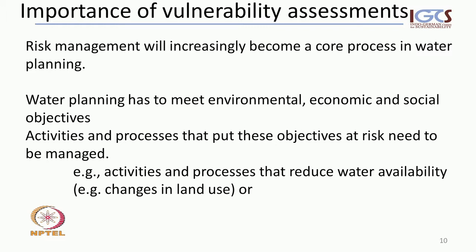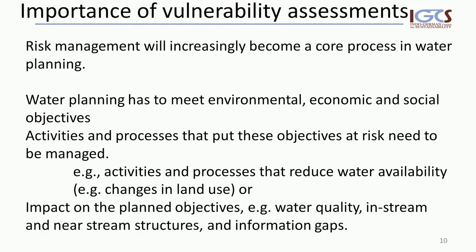Such activities and processes could be, for instance, influencing or reducing water availability. For instance, land use change, plantation, some monoculture, some urbanization, whatever the change in land use is, wetland removal, have an impact on our water planning and have to be assessed beforehand.